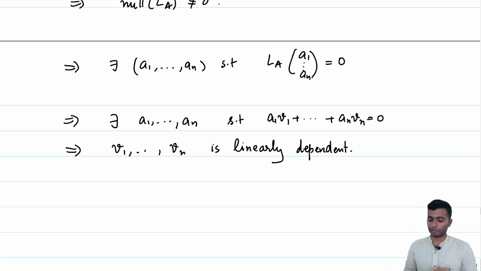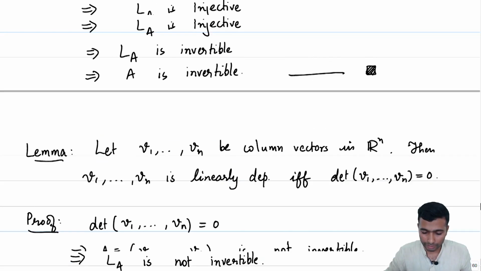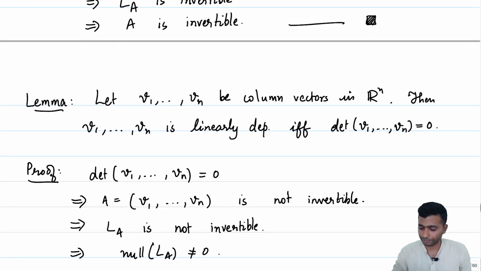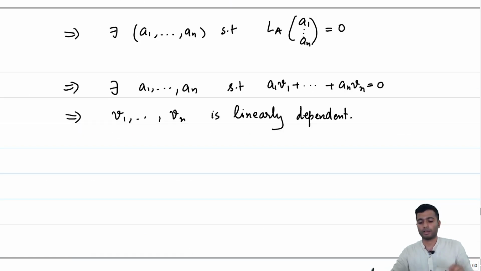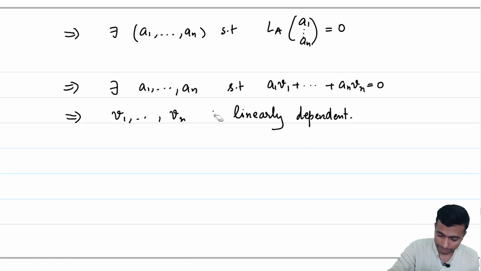Alright, we have proved one side of the theorem. We proved that if the determinant is 0, then v1 to vn are linearly dependent.